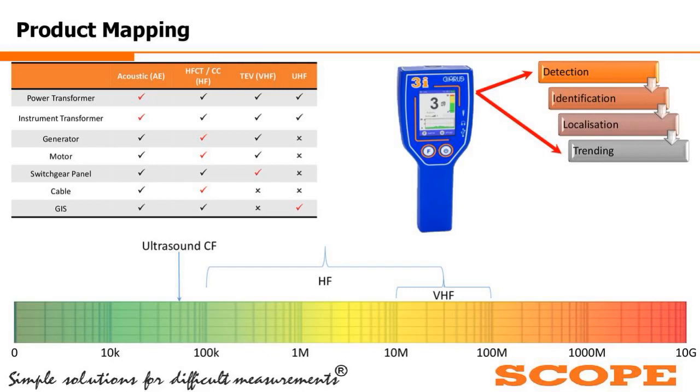So this is working on two principles. It is working on the VHF as well as ultrasound center frequency. The acoustic channel is working on the ultrasound center frequency zone, 40 kilohertz plus minus 2. And the TEV sensor is working in the zone of up to 100 kilohertz, sorry, 100 megahertz.